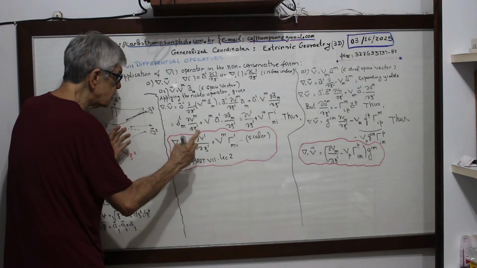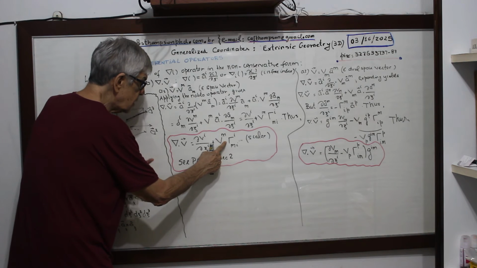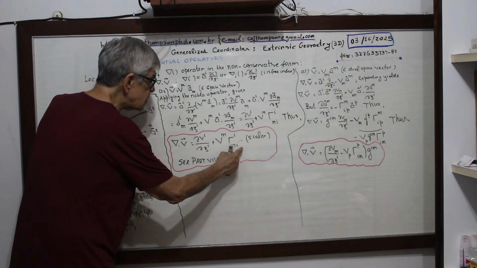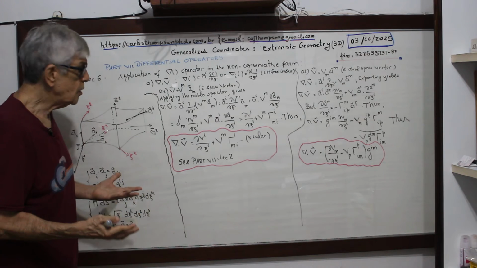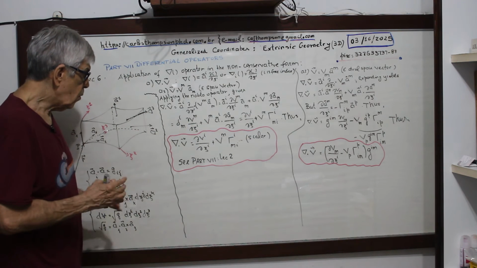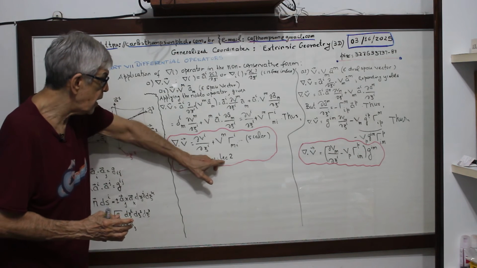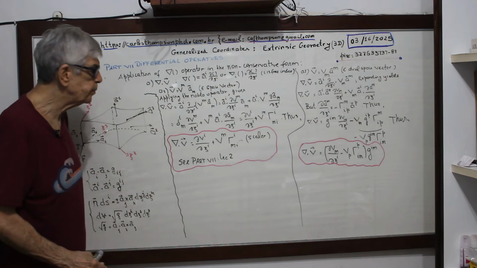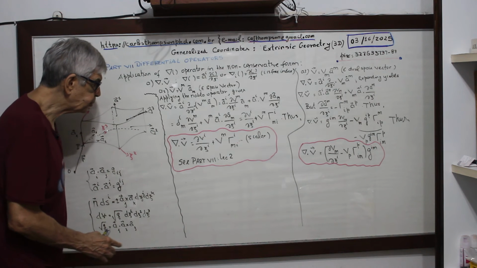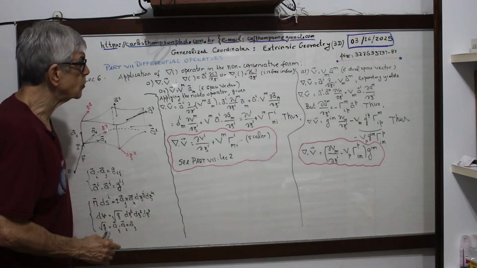Look how easy. m is dummy index. i is also dummy. So this relation is a scalar. Now you can compare this, see part 7, lecture 2. That's it. So the divergence of a vector.